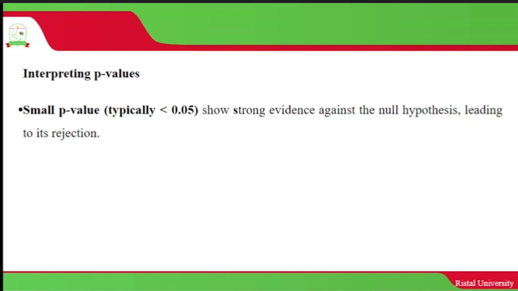So small p-values, basically those that are less than 0.05, suggest that there is strong evidence against the null hypothesis. So we usually reject the null and go with our alternative. Remember, the alternative is usually what the researcher is looking out for in a study.